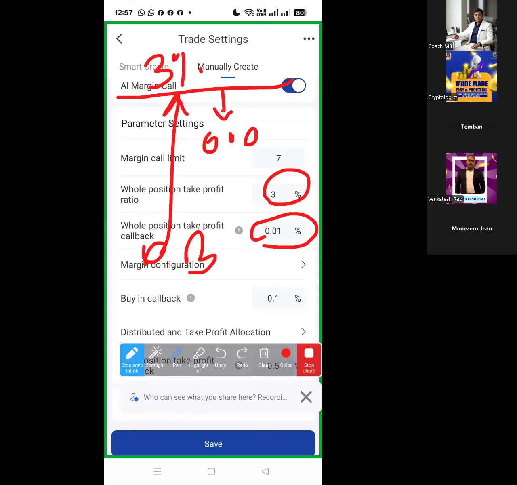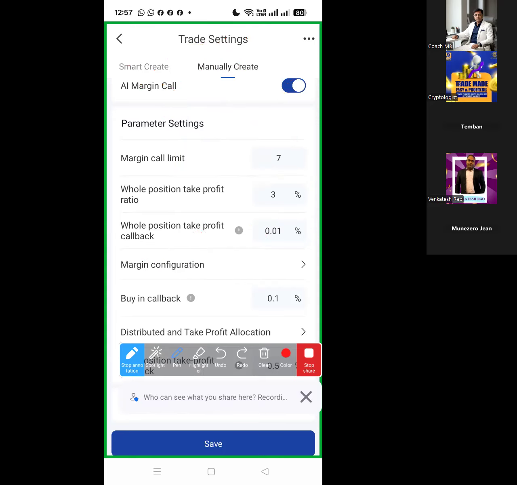Suppose you put 0.01%. So it will wait for the market to fall by this percentage, even if it has gone beyond this 3%. So once it has reached the 3% take profit target, it will take the trigger and get ready, and will start waiting for this callback, which can happen anywhere.